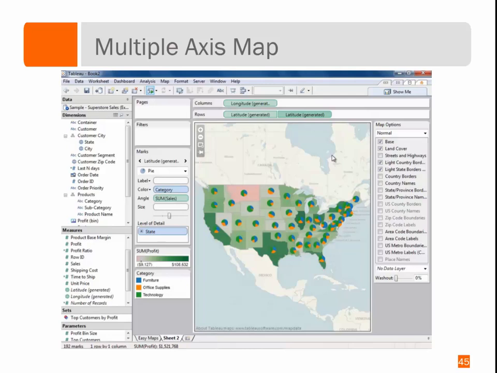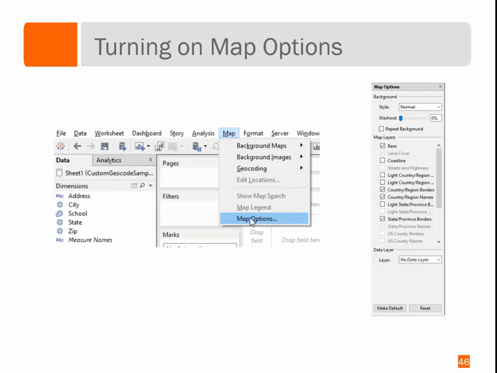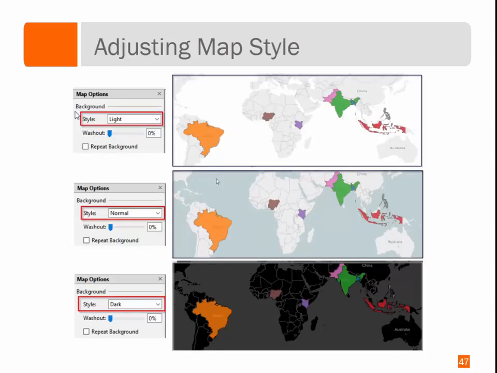Now there are also a number of options that I can turn on for maps. I can find these by selecting the map menu and going to map options. I can adjust the map style, so we see three different styles here. I can define what's known as a light map, so you'll see in a very faint gray background the overall geographic map.